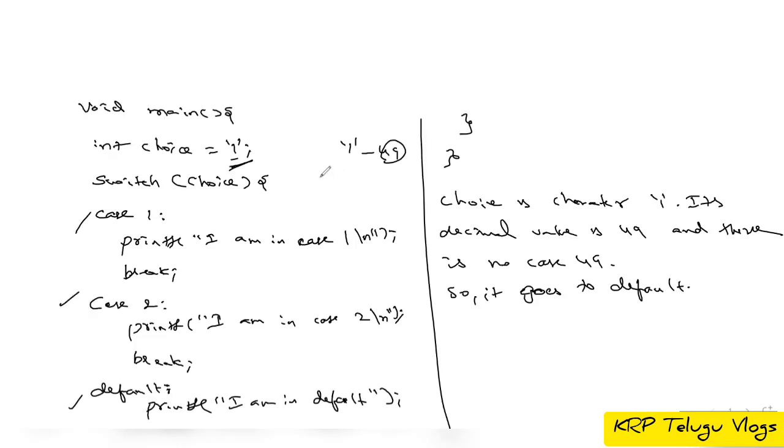So character 1 is 49, and there is no case 49. If you give case 49 or case character 1, then it will go there. Since there is no case 49 or case character 1, that's why it will go to default. Clear? Note down this.